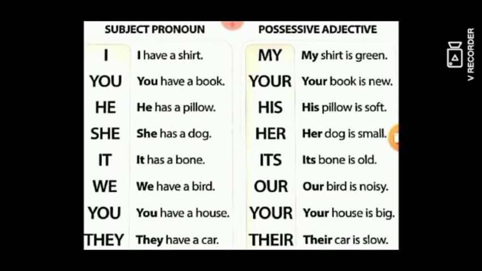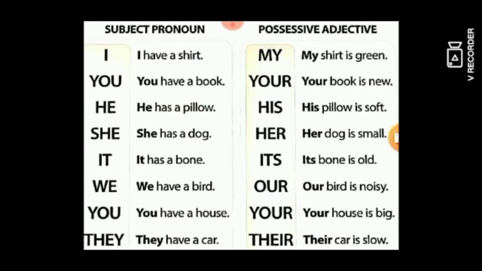He has a pillow. Who has a pillow? He has a pillow and the pillow is his. His pillow is soft. So for the subject pronoun he, the possessive adjective should be his. If the subject pronoun is she, the possessive adjective should be her.